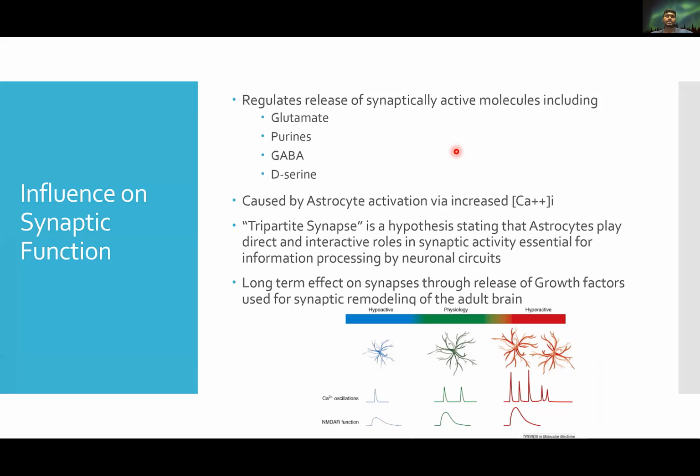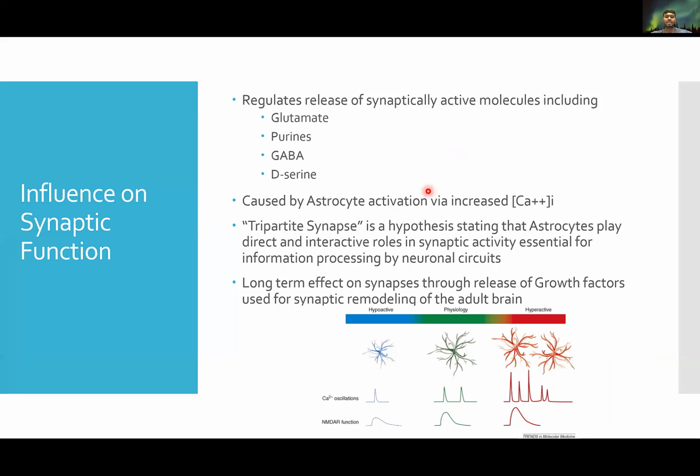And the astrocyte has influences on synaptic function, right? So we've been saying that astrocytes really help at the synapse, but we haven't actually said that astrocytes participate actively in the synapse. Recently, it was shown that astrocytes release synaptically active molecules, including glutamate, purines such as ATP, GABA, which is inhibitory in the spine, as well as D-serine.